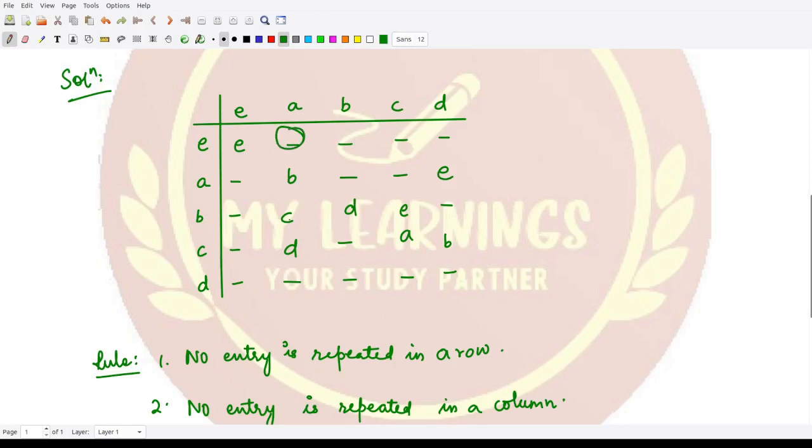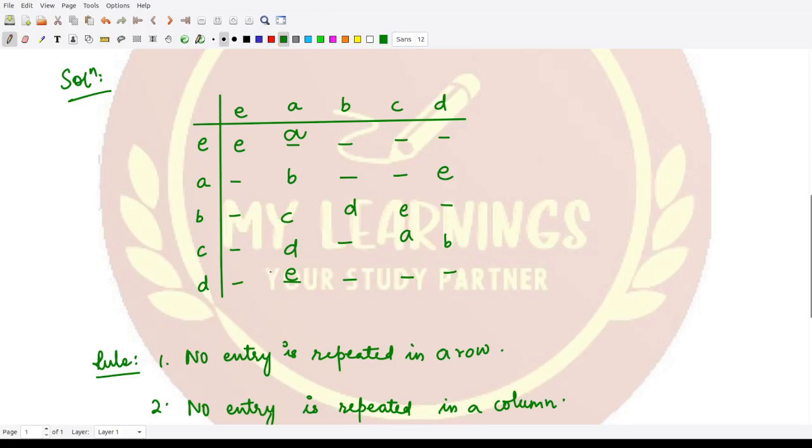But for this particular row, we cannot write E here. Why? Because it is already present here. So definitely A would come here, and if A is appearing here, then E would come here, and we are done with this particular column.